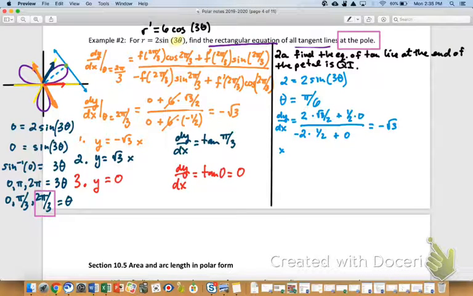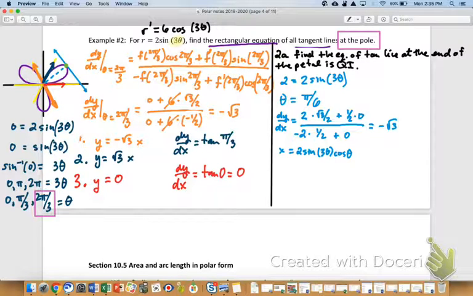I'll show you the official way. So x equals r cosine theta, where r is 2 sine 3 theta.